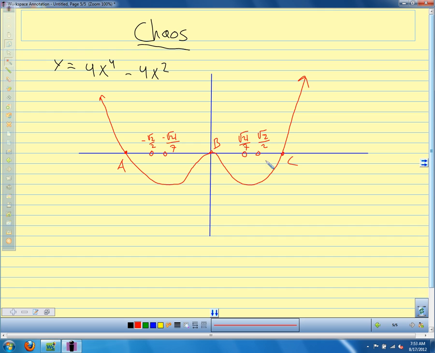So that's part of what happens, but it's even more interesting than that. In infinitely many open subintervals between negative square root of 2 over 2 and square root of 21 over 7, you can get Newton's method leading to root A, alternating with infinitely many open subintervals that lead to root B. So if you change your initial guess by the tiniest amount, Newton's method leads to a different root.